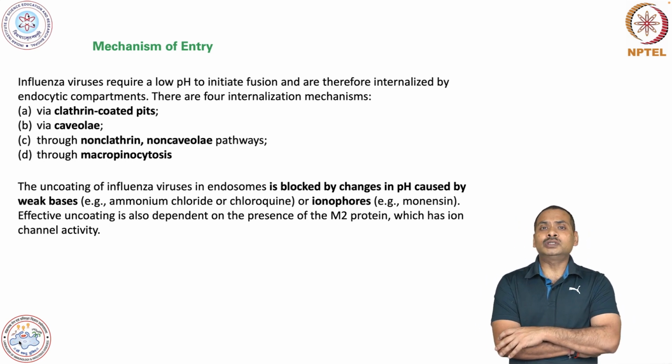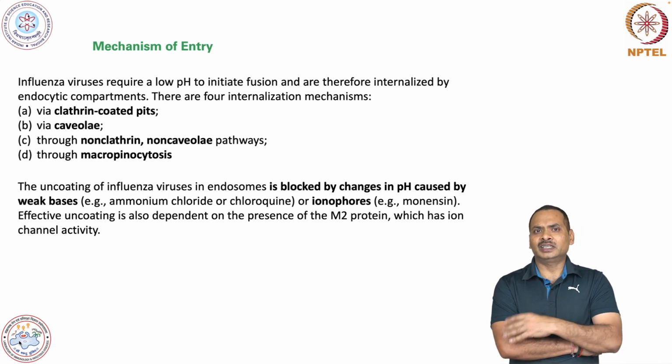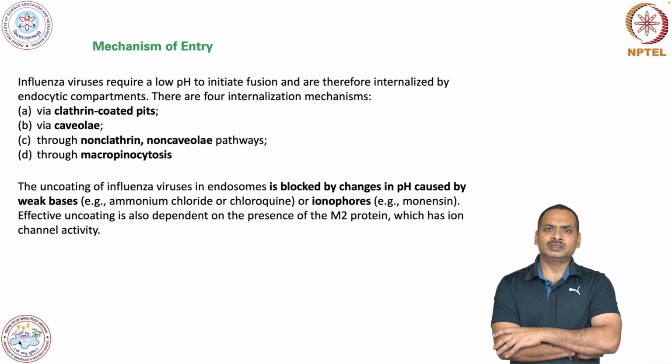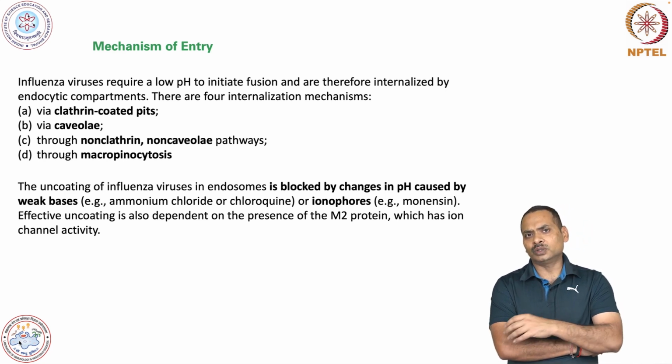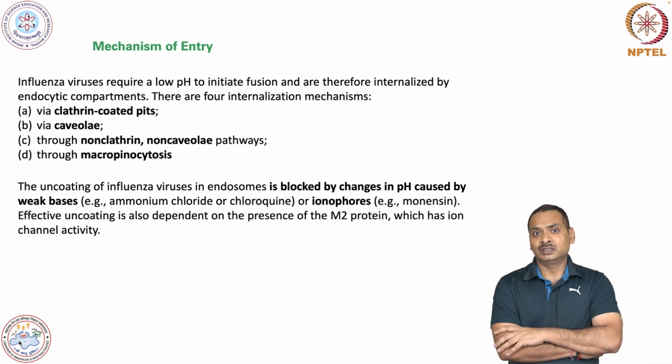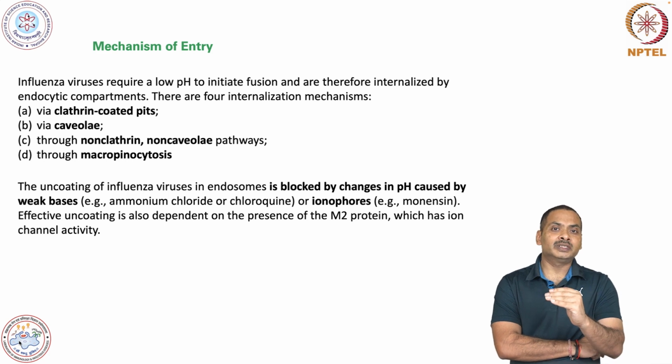You just put ammonium chloride in the culture and then add the influenza virus, or you can infect the cells with influenza virus and also add the ammonium chloride. Then this low pH will be stopped.